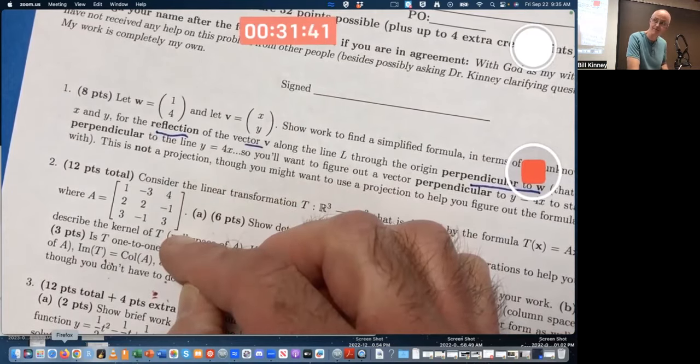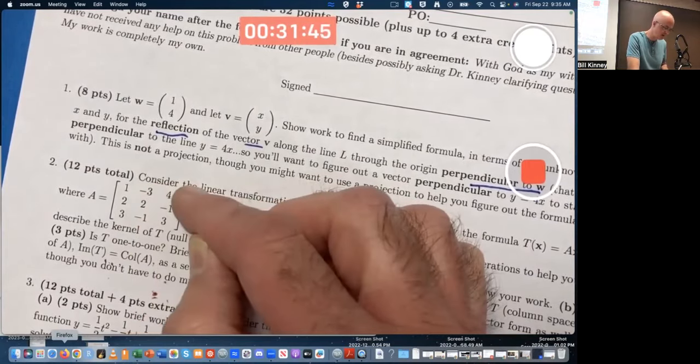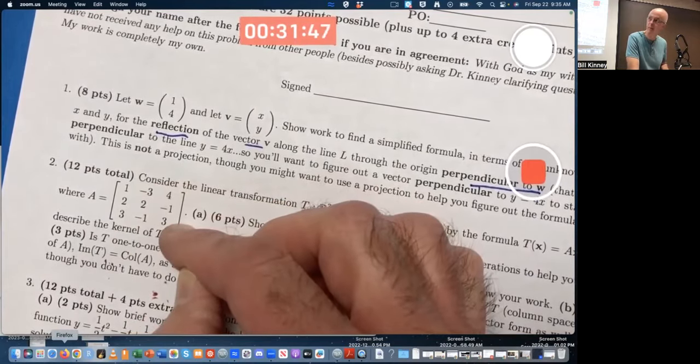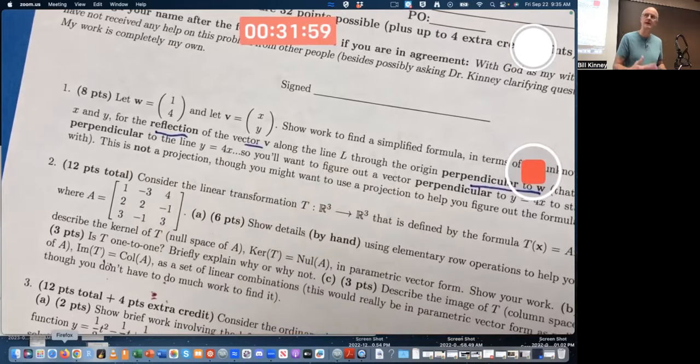I purposely did that. 1 plus 2 is 3. -3 plus 2 is -1. 4 plus -1 is 3. I did that on purpose so that the kernel turned out to be non-trivial, and so it's not one-to-one, and so that the column space is not all of R3, so the function's not onto, though again, I didn't ask you about that.